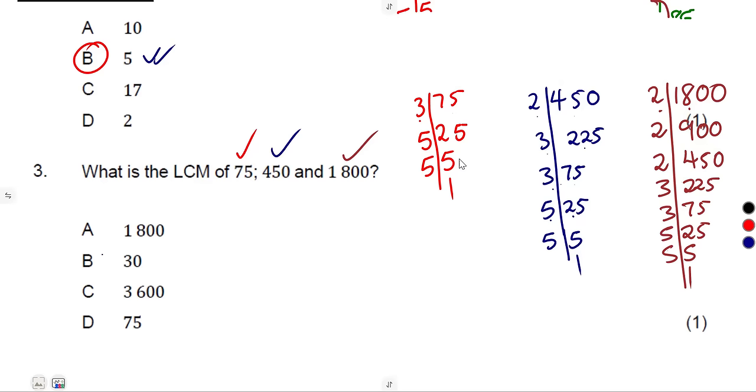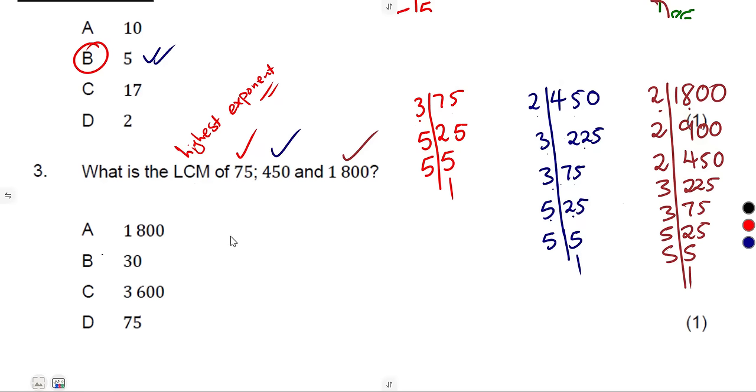But we must consider that if I have a 3, there is also another part where there's another 3. When it is like that, remember, you must consider the one that has the highest power or the highest exponent.